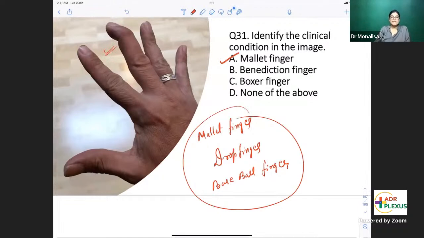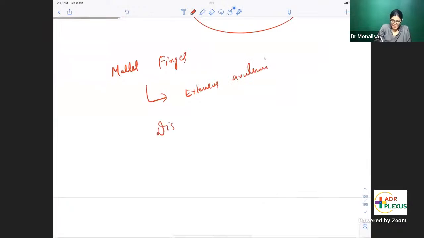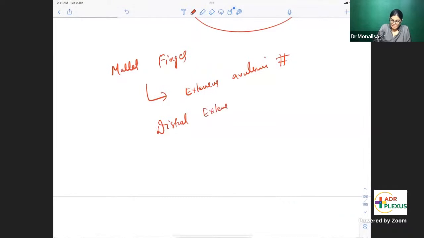So mallet finger is a case of extensor avulsion, that means the distal extensor tendon ruptures.